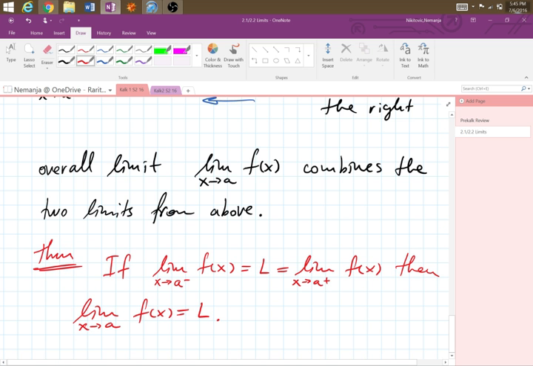If the limits have different values from left and right, then the limit doesn't exist because they have different values.